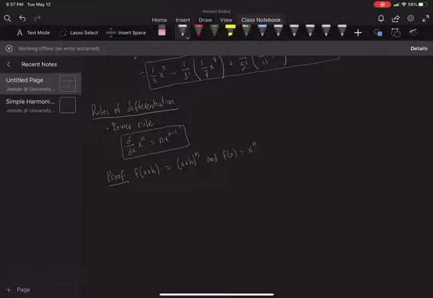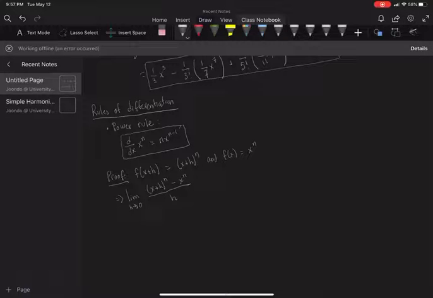So by difference quotient, we're going to get something like this: the limit as h tends to 0 of x plus h to the nth power minus x to the nth all over h.